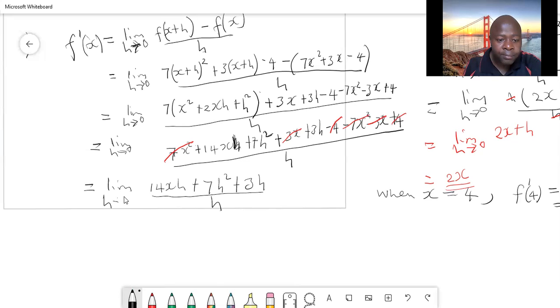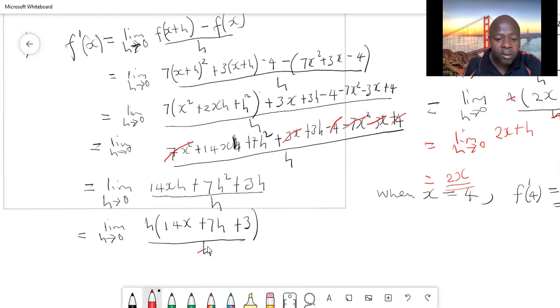You can now factorize h again in the numerator, and we'll be having a limit as h tends to 0 of h into 14x plus 7h plus 3 over h, so that this h and this one cancel.